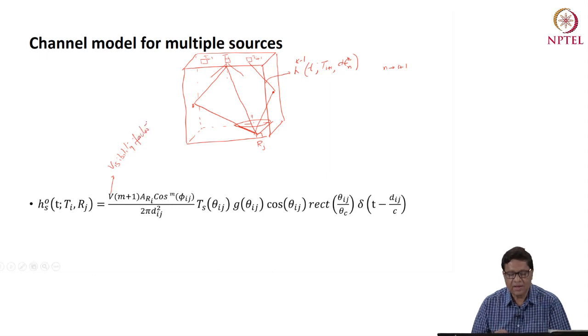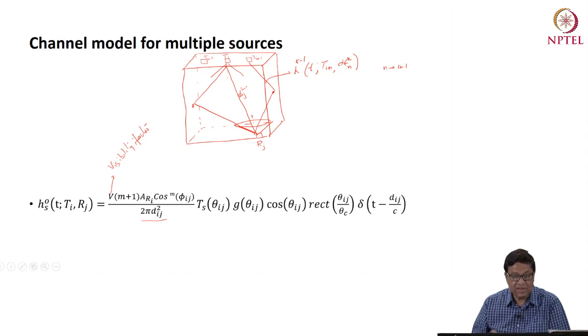And ARI is the collection area. This is related to the source radiation pattern. These are the angles mentioned here, phi ij and theta ij, you can refer to the earlier diagram. And this distance is 2 pi dij square.